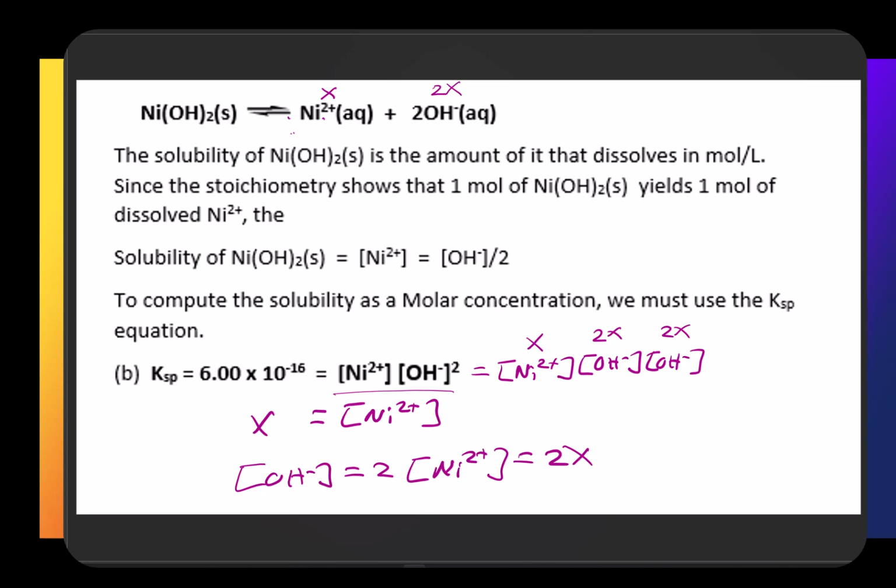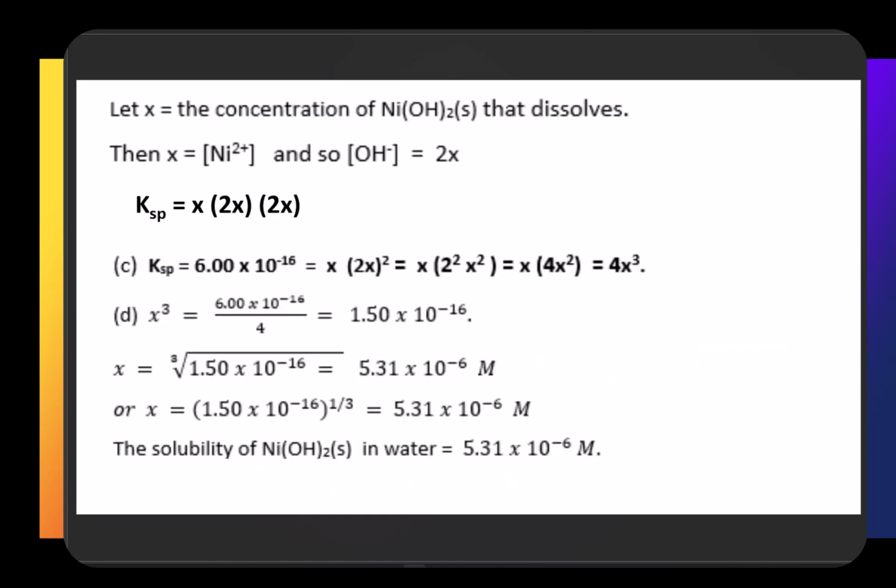We're going to get 4X cubed out of this. The other way of doing it would be X and 2X quantity squared. The hydroxide is 2X, and we have to square that quantity. So we end up with this for our reduced KSP expression, having reduced 2 variables, nickel and hydroxide, to 1 variable, X.